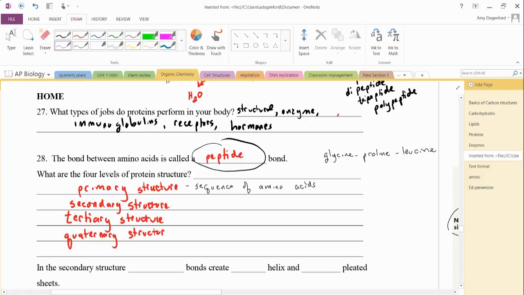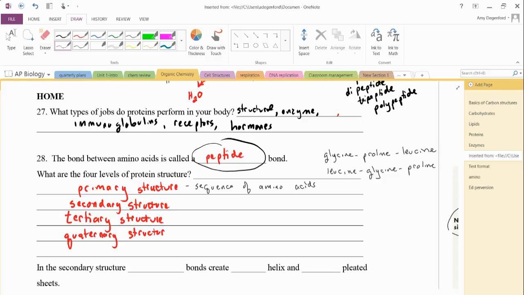Well, maybe that's a sequence for protein A. Protein B could be something like leucine, glycine, and proline. And just doing that is going to now establish that this is a different protein.